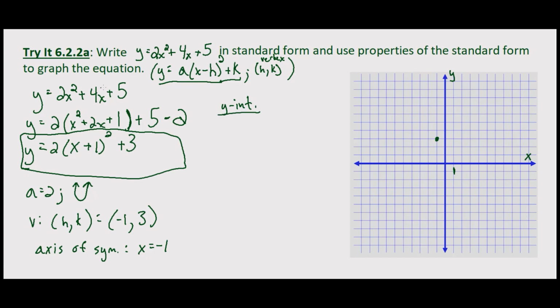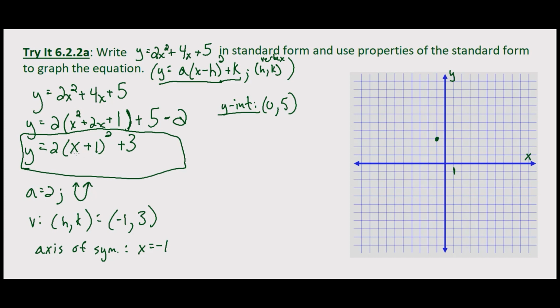So y equals, we can substitute it in either equation for that matter, but we'll go ahead and use the standard form that we found. When x equals 0, we have 2 times (0 plus 1) squared, so 2 times 1 plus 3, which is 5. So we have a y-intercept at (0, 5).